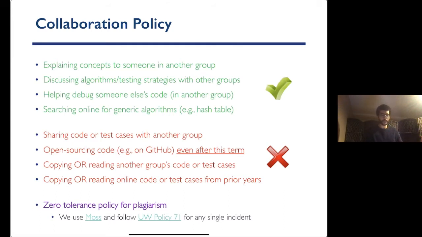So we have enough code from previous years and your own submissions. We're going to run MOSS, and if we find any, unfortunately, you get 0 for that lab, and probably there will be penalties from the office of the associate dean.